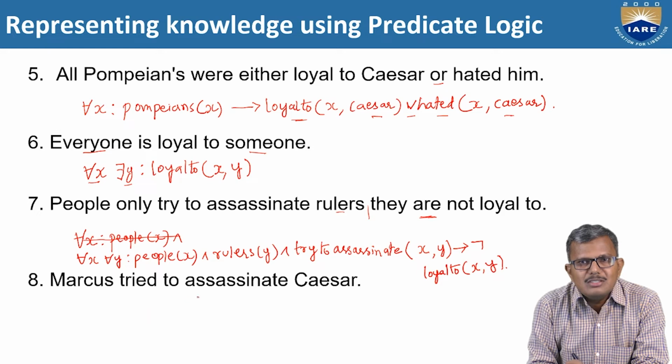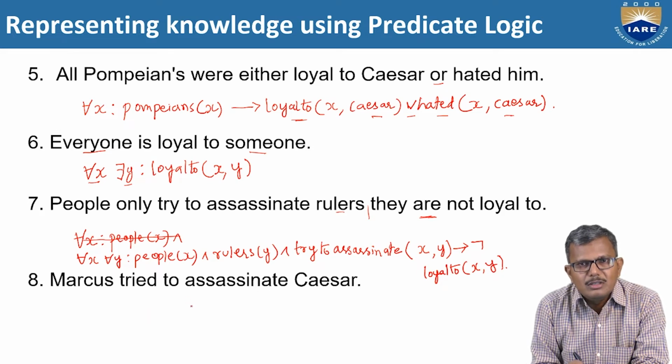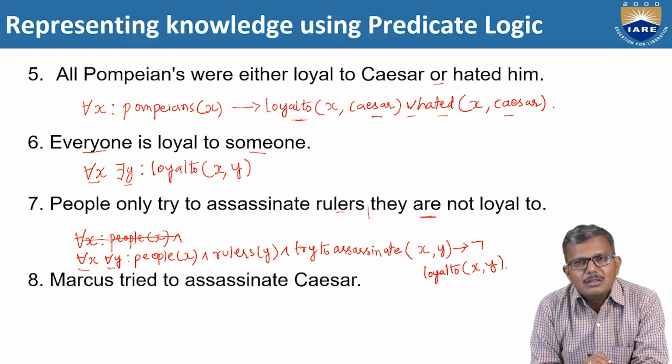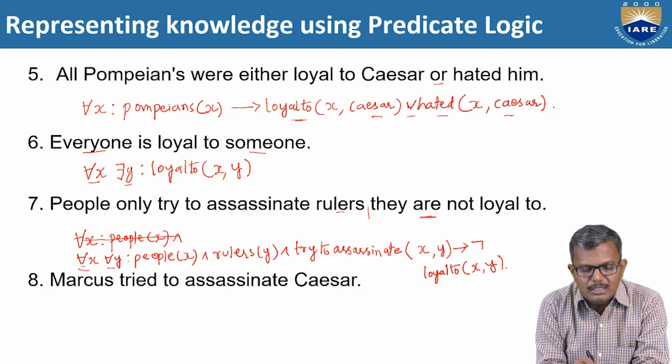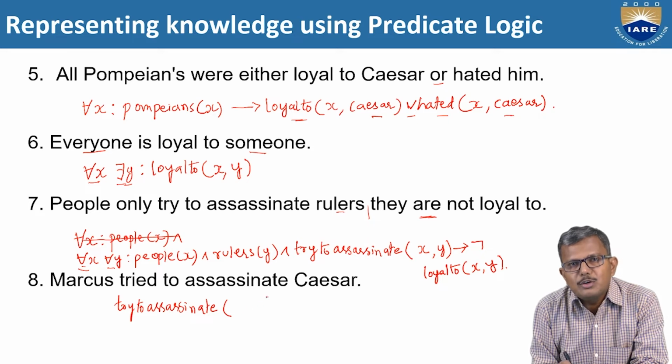Next example. Marcus tried to assassinate Caesar. There are no multiple statements in this one. That's why there is no need to use the for all symbol or the there exists symbol. So simply you can write like this: try to assassinate. Who is trying to assassinate whom?